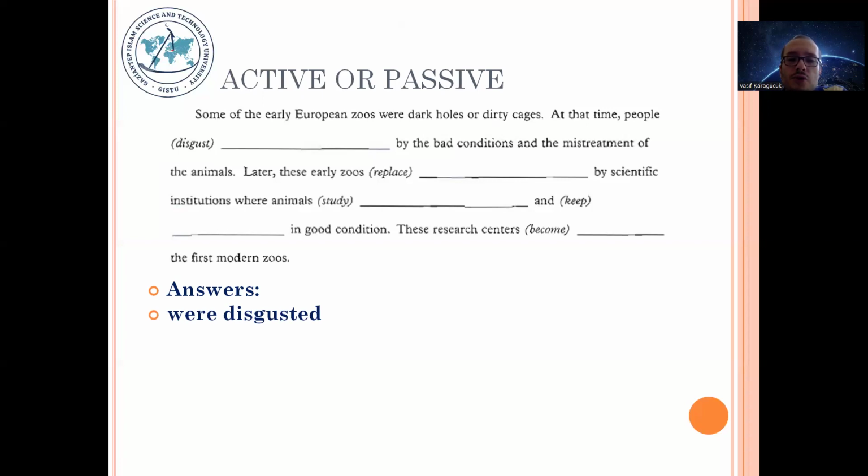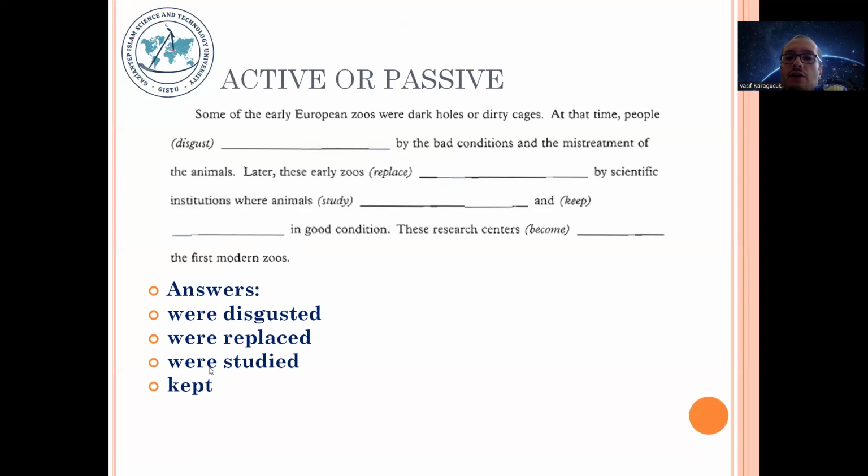Later, these early zoos by scientific institutions. So, those zoos were replaced, again, passive voice, by scientific institutions where animals cannot study themselves, so we have to use passive voice in here, where animals were studied and kept in good condition.